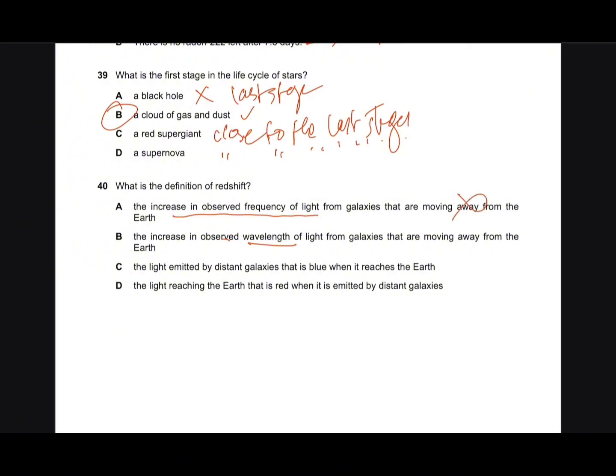So yeah, this could be an option. The light emitted by distant galaxies, that is blue. Blue could not be an answer. The light reaching the earth, that is red when it is emitted by distant galaxies. So the correct option could be B. This is also incorrect.